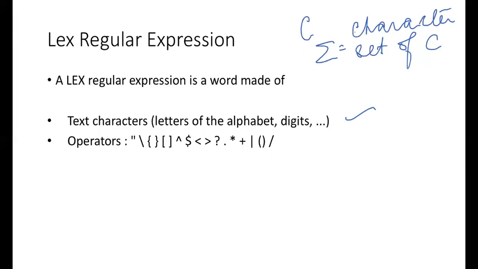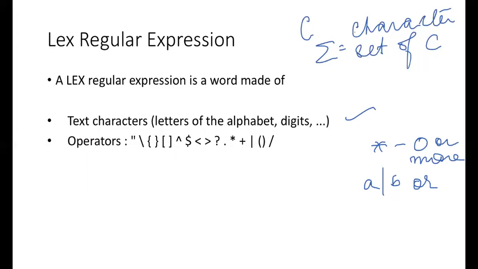Like you are already familiar with regular expressions, we know that star indicates 0 or more repetitions, and also we have seen this means or union. So if I write A or B, it means either the string A or the string B. Like this, each of these has a specific purpose in the regular expression of Lex.